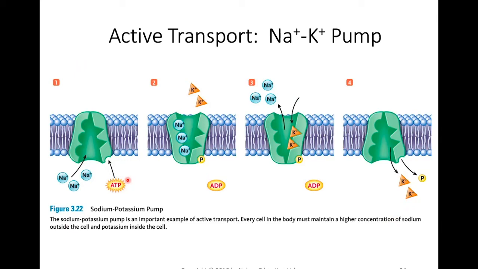They are going to be having to work so hard because they are not going with the flow anymore down the stream. They are now actively going against the current. All right, so it's the same thing here with the active transport mechanisms. Sodium is pumped out of the cell, potassium is pumped into the cell. And specifically, there are 3 sodium that are going to be pumped out for every 2 potassium that are brought in.